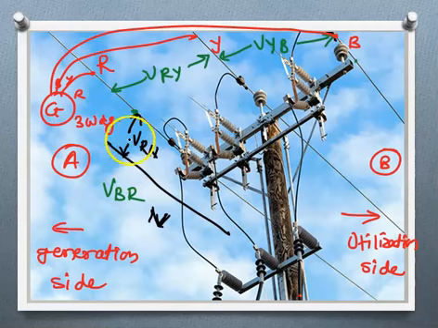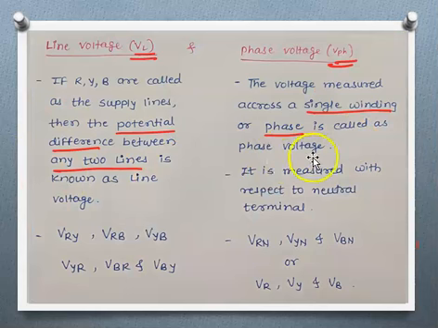So VRN is the voltage across R and N, the voltage across Y and N is VYN, and the potential across B and N is VBN. These are called phase voltages, measured with respect to the neutral terminal. Examples are VRN, VYN, VBN or simply VR, VY, VB. This is the difference between line voltage and phase voltage. Line voltage is measured between two supply lines, and phase voltage is measured across a single winding or single phase with respect to neutral.